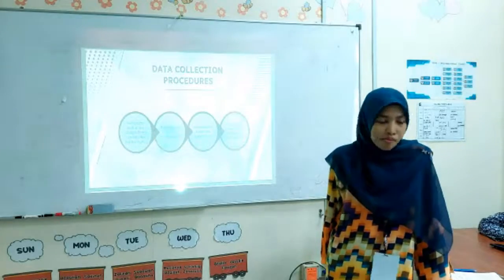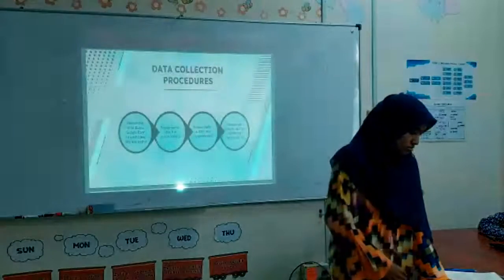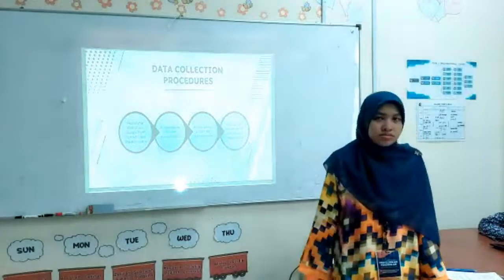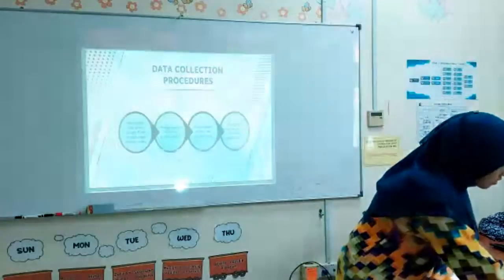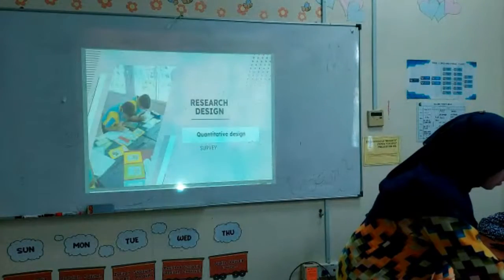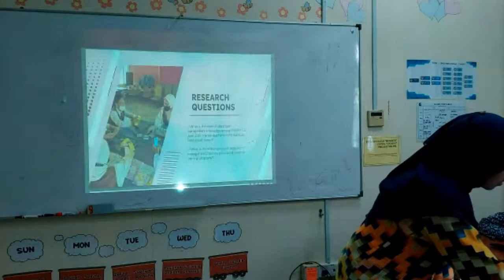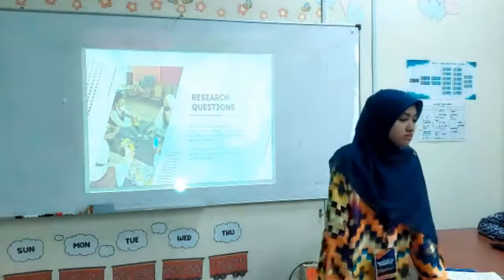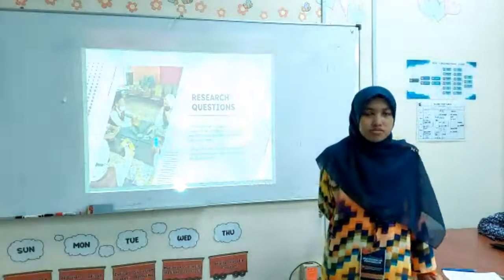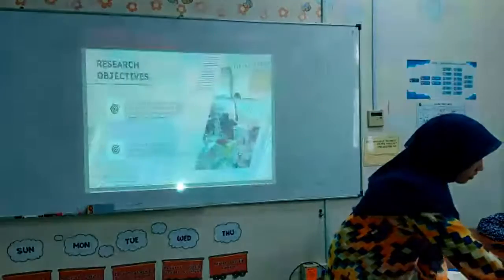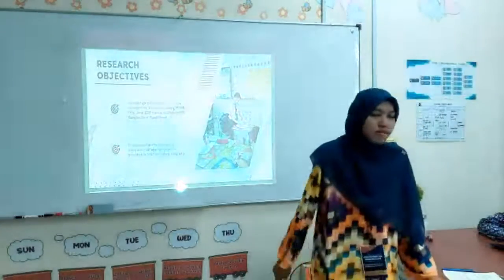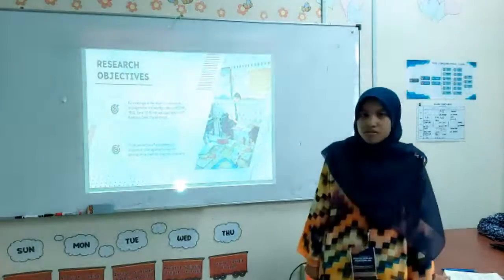Right. Next one is your research question number 2. Can I take a look at your research question number 2? What is the objective? To observe the effectiveness. Right here.